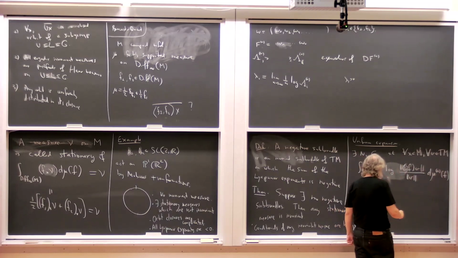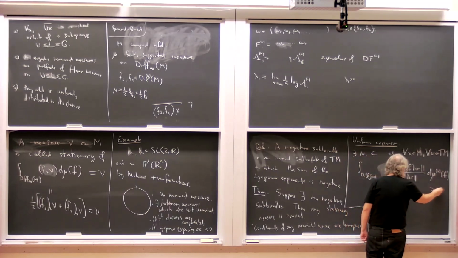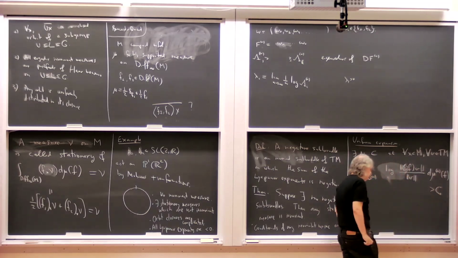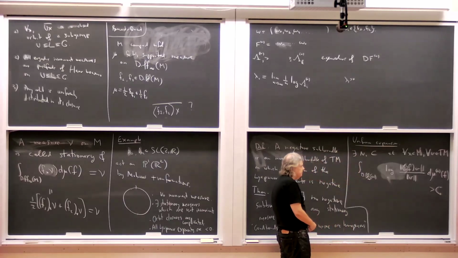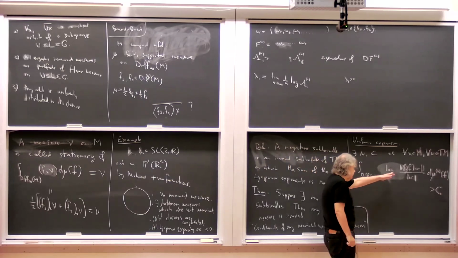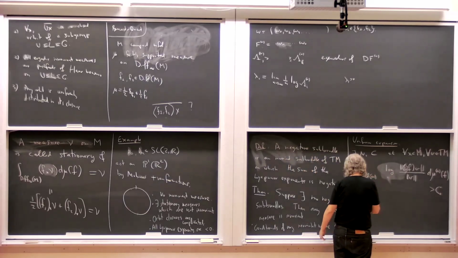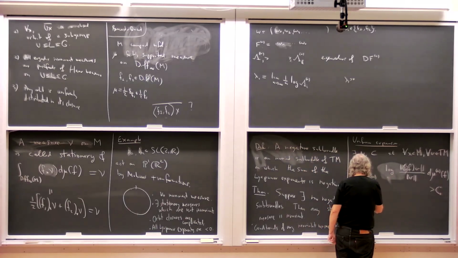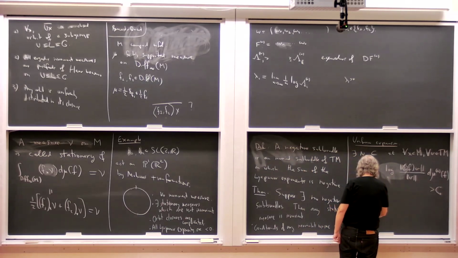I ran out of room. So this is supposed to be bigger than C. So what is this really? Maybe I'll just write it again, because it's like the average. So it's really 1 over 2 to the n. This is the average over words in F1, F2 of length n.